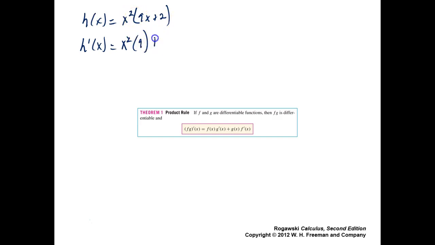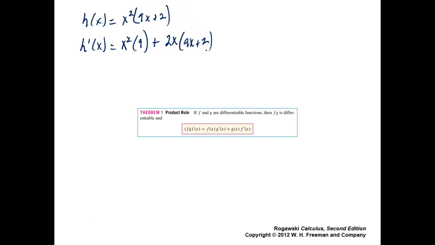Plus, if you did the first function times the derivative of the second, then the second times the derivative of the first: 2x times 9x plus 2.